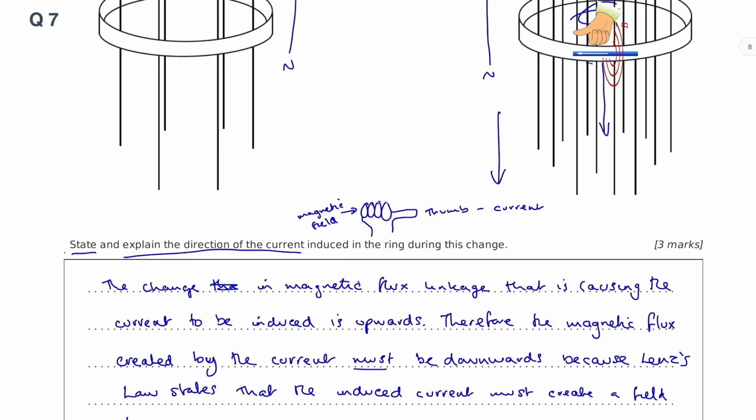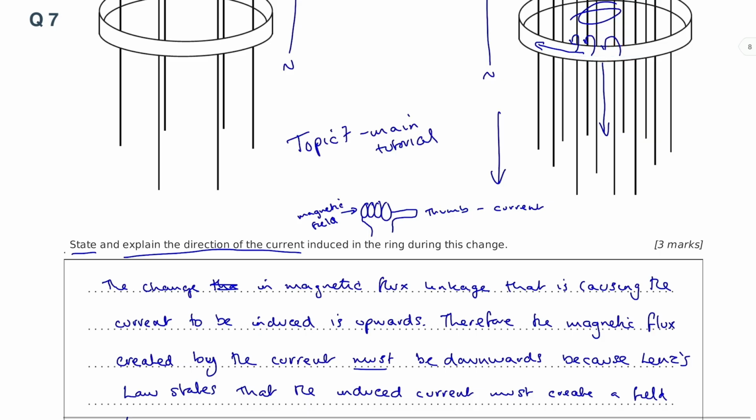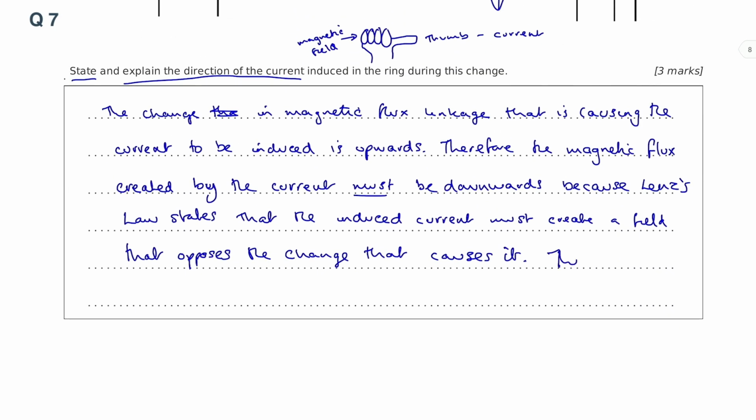So we want to curl the fingers of our right hand downwards inside that coil, and then your thumb will point this way. And that means that your current is clockwise. So therefore, the induced current must be clockwise.